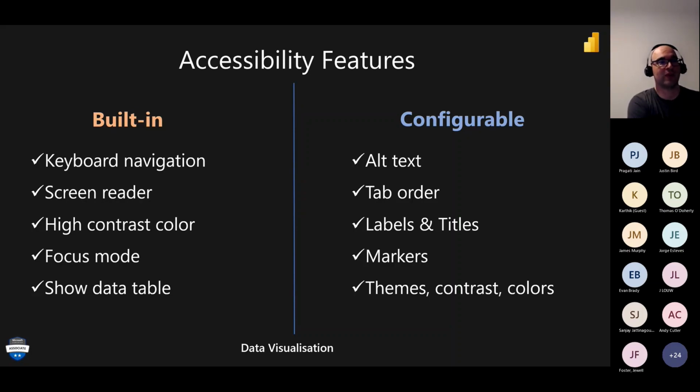Here is the list of accessibility features that are provided out of the box by Power BI. Those on the left side, built-in features, you don't need to configure them at all. There are also some features that are provided out of the box, but they require additional configuration. For example, alt text, tab order, labels and titles, that's something that you need to take care of.